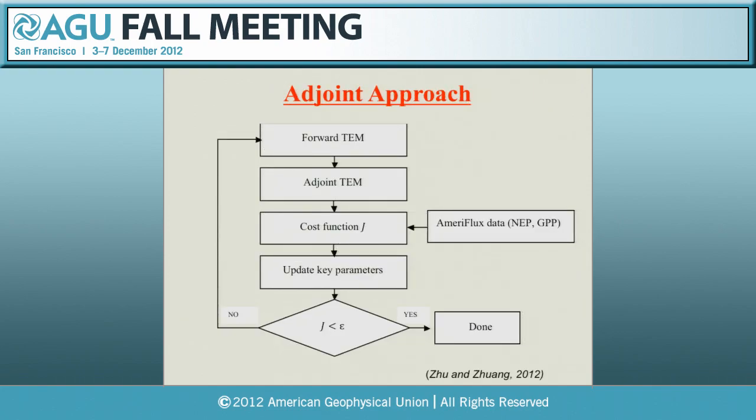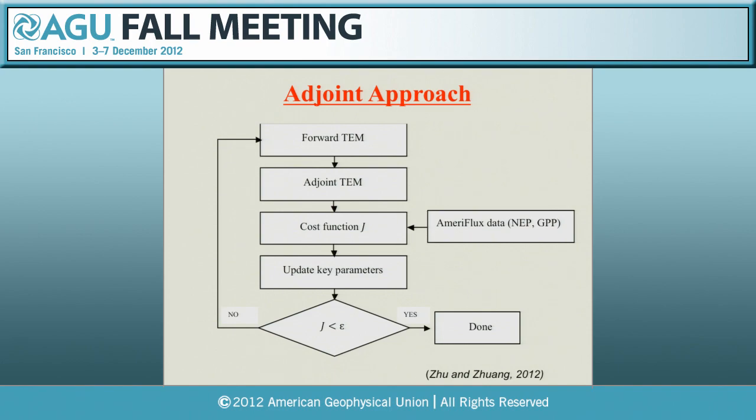So we say constrained, but not really constrained; rather, the uncertainty is even larger. That's the problem. But anyhow, the Bayesian inference approach needs a large set of ensemble simulations, and it's not really efficient. In recent years, we further developed another approach, the so-called adjoint approach.